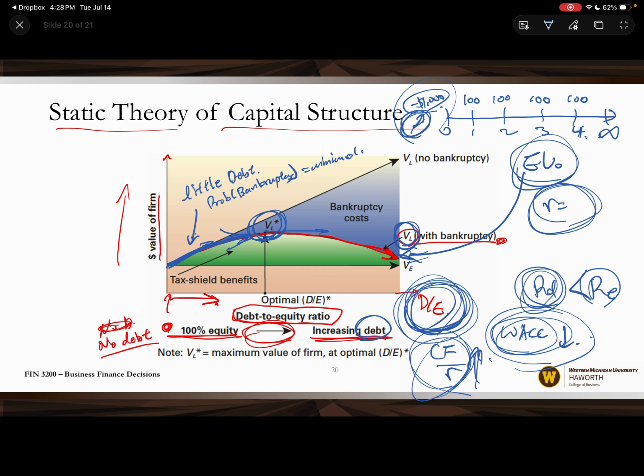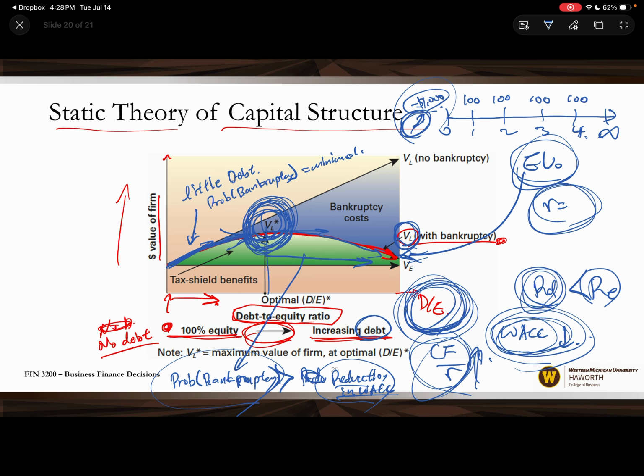After this point, the increased probability of bankruptcy now outweighs the reduction in WACC. So the overall impact is that the firm value starts decreasing at a certain point, and this is the optimal capital structure. I hope you got that.